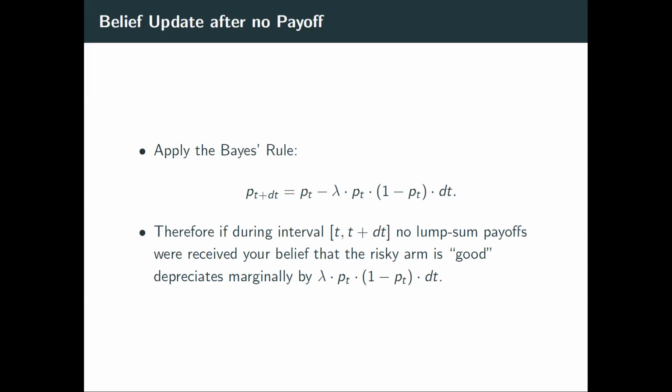So your belief actually reacts to it quite intensely. And for instance, when you have pt being almost 0 or almost 1, when you're almost certain about which type this option is, then the change in your belief will be negligible, right? It won't be any change.